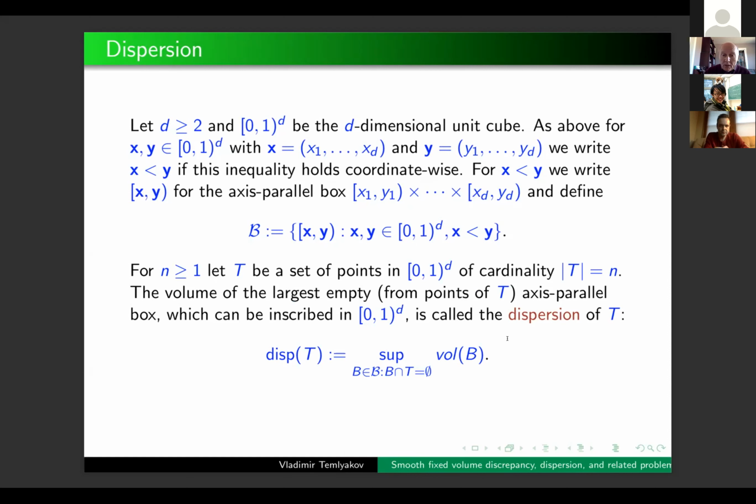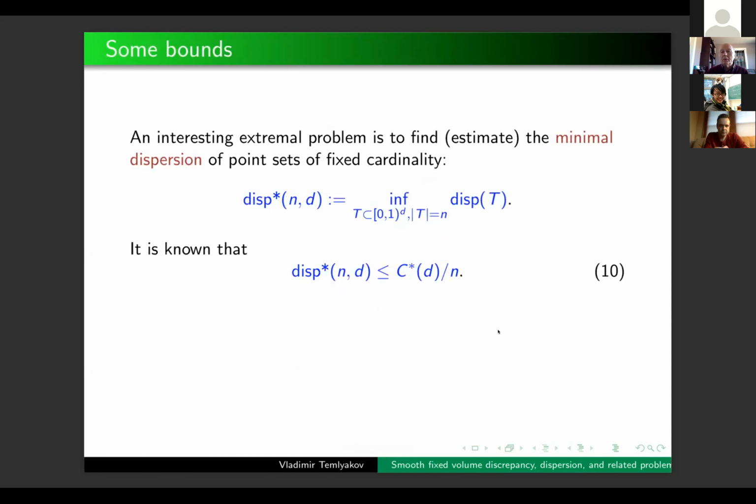And the lower bound for this is very simple. That is clearly 1 over n plus 1, because again, you can divide this into smaller boxes and you will get that bound. And it was very interesting to get the upper bound of the infimum. So what is the optimal set which has this lower bound, which is of order 1 over n?